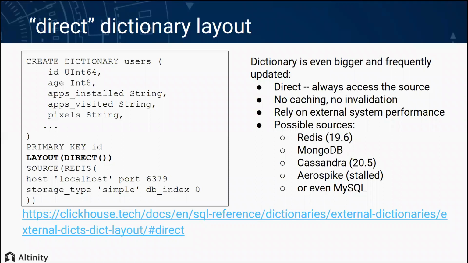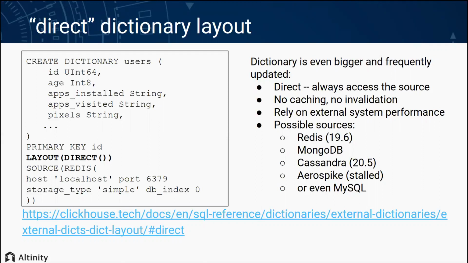You have plenty of things to pick from. There is Redis, which has been supported quite a long time. There is MongoDB support even from 2018. I was actually surprised that it exists for so long. There is Cassandra support, which has been added in the 20.5 release very recently. Aerospike support was planned, and somebody worked on that, but I checked before the webinar and the pull request is kind of abandoned.